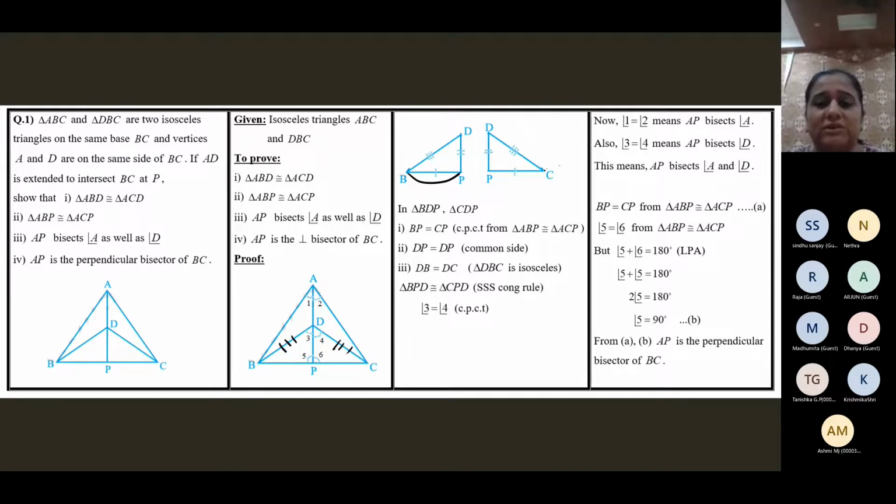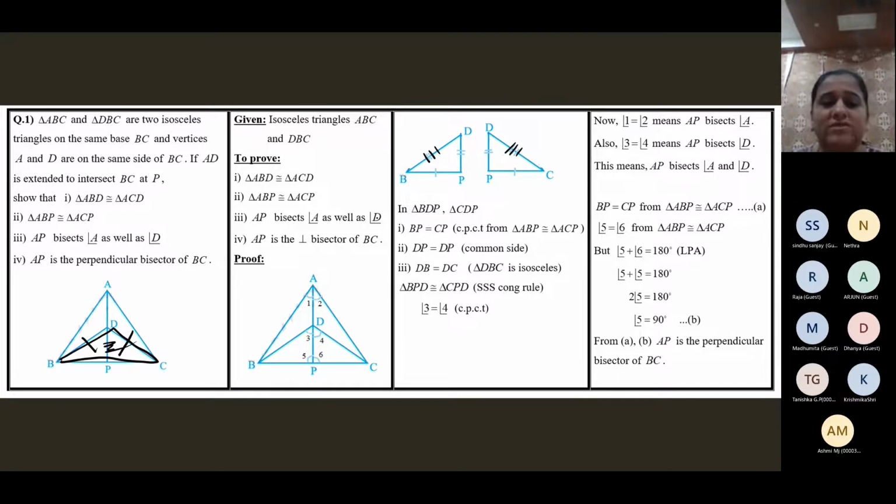Then BP is equal to CP. We proved earlier that these two triangles are congruent, so by CPCT we have BP is equal to CP. And DP is equal to DP, common side. This side is equal to this side because the triangle BDC is isosceles.